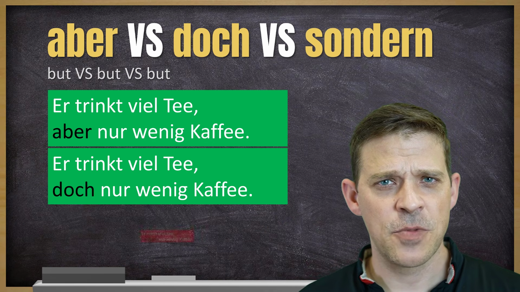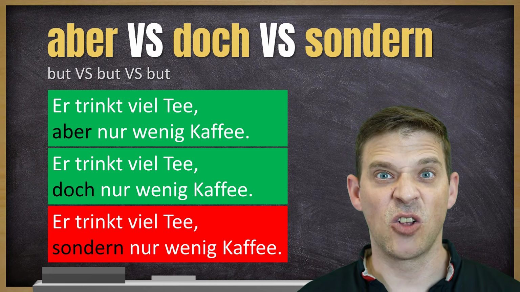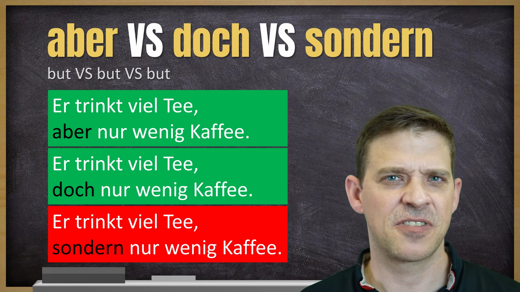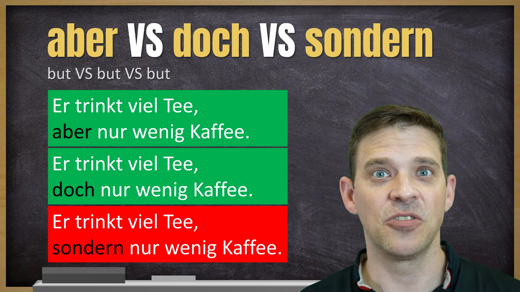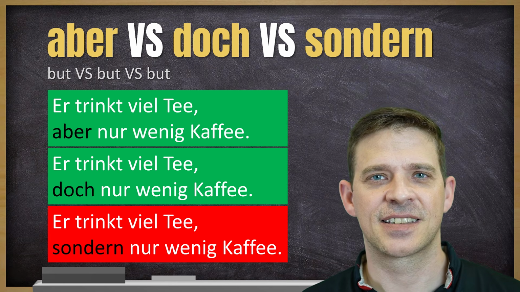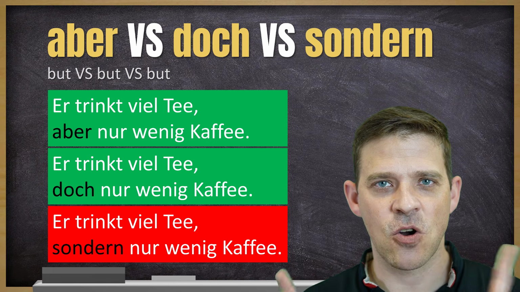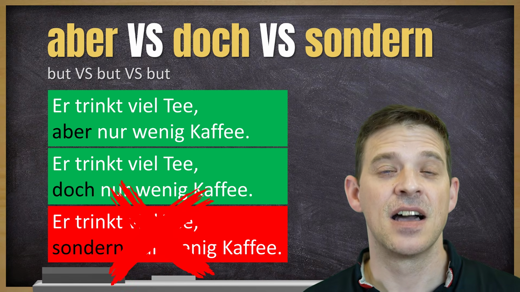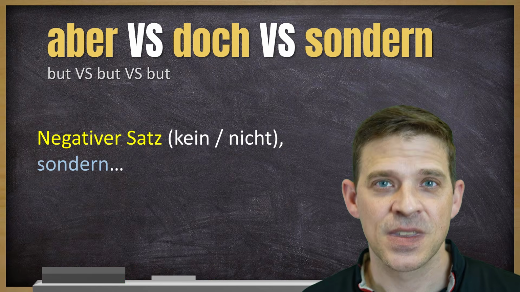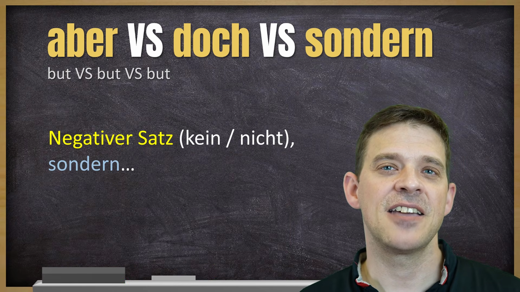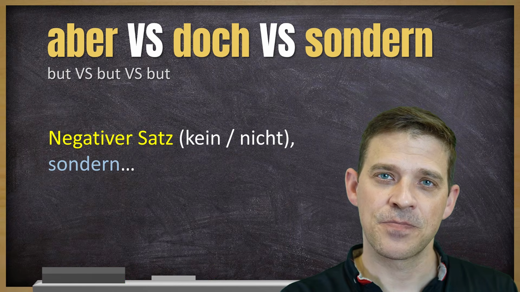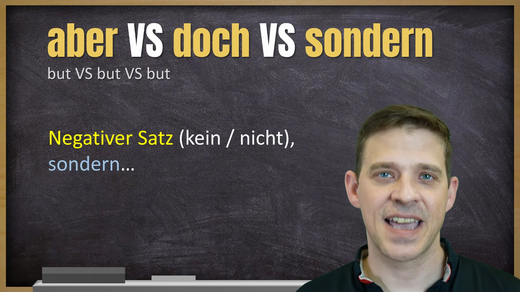Now, when we say, er trinkt viel Tee, sondern nur wenig Kaffee, that's not working. This is a no-go, das geht nicht. The reason for this is, sondern can only be used if the sentence before is a negative sentence.